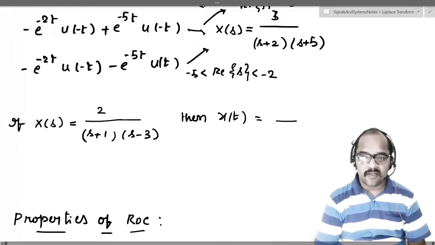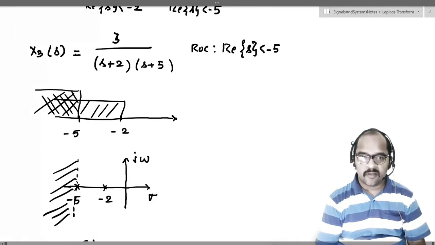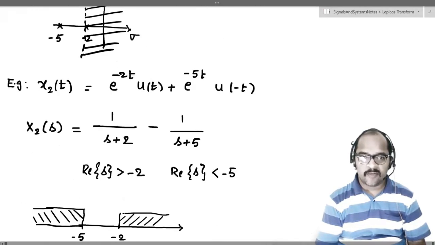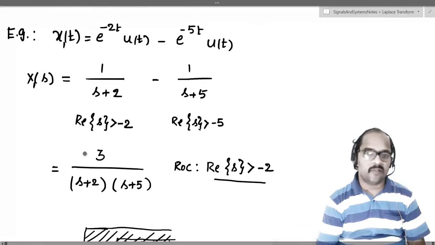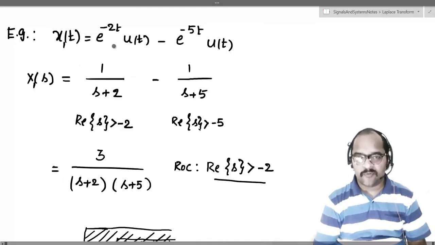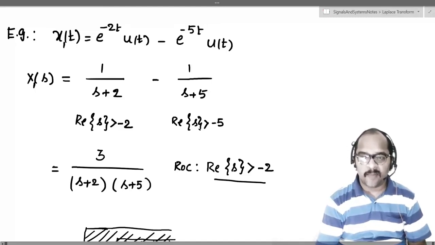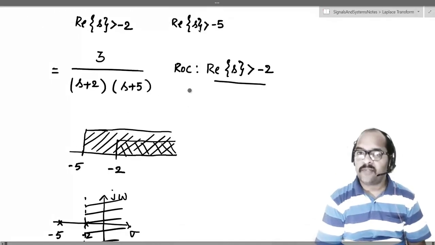We'll take the last four examples, x1, x2, x3 and x4. Look at the first example, which is e power minus 2t u of t minus e power minus 5t u of t. The Laplace transform we got is 3 by (s plus 2)(s plus 5).